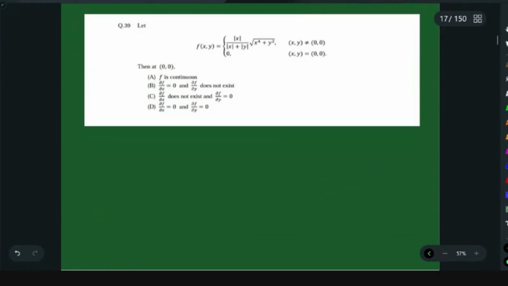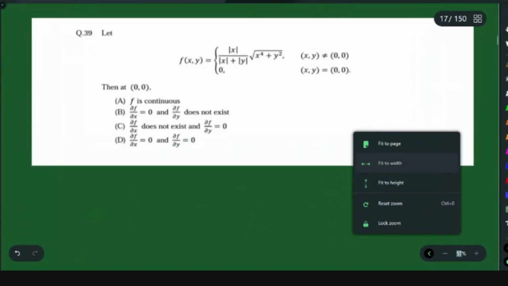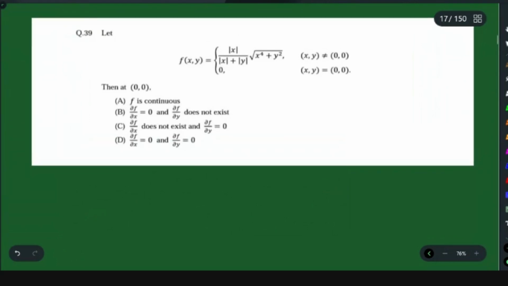So you guys can easily try this one. The first thing is, f is continuous. So how do you check whether f is continuous or not?